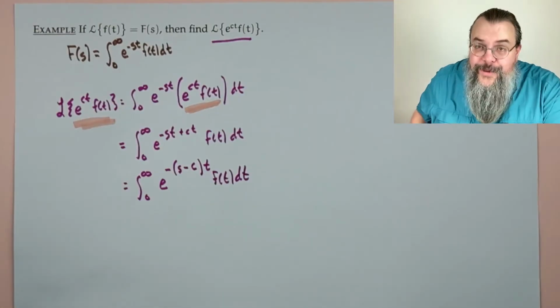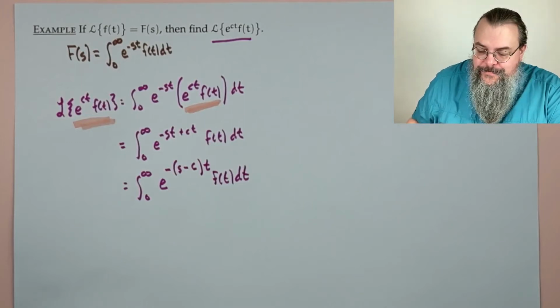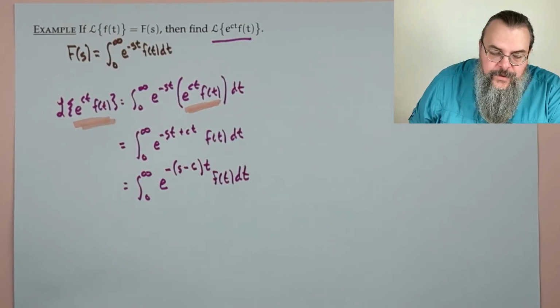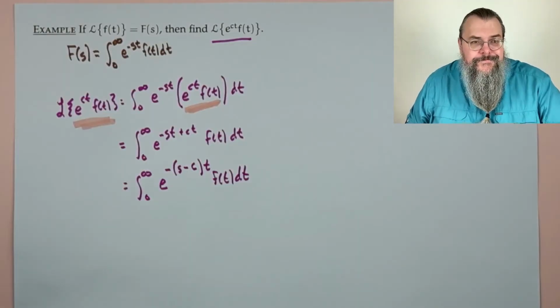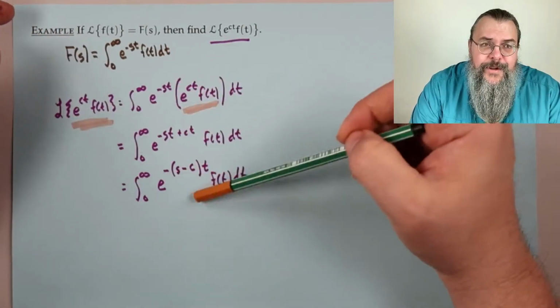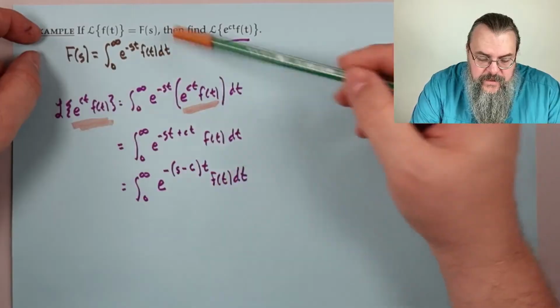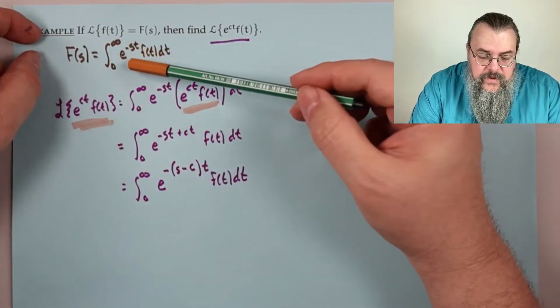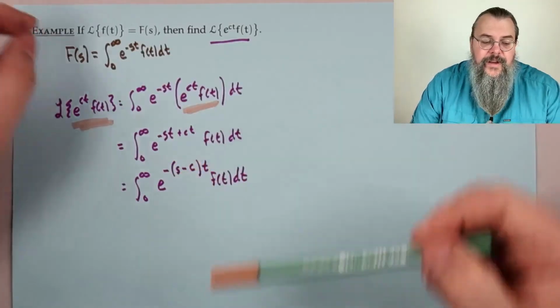All right, now here we go. We stare at this for a moment until something occurs to us. Well, hopefully we don't have to stare too long. Because we say, these things look very similar. Our bounds are matching, our f of t dt is matching, and the only difference is here it's the minus st, here it's minus s minus ct.